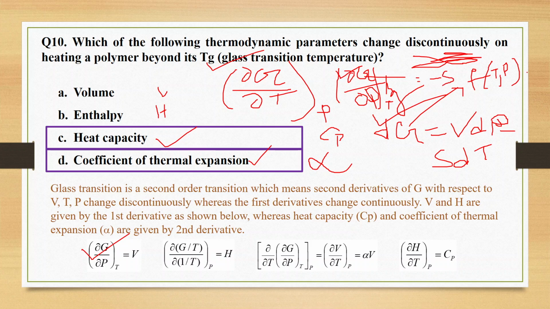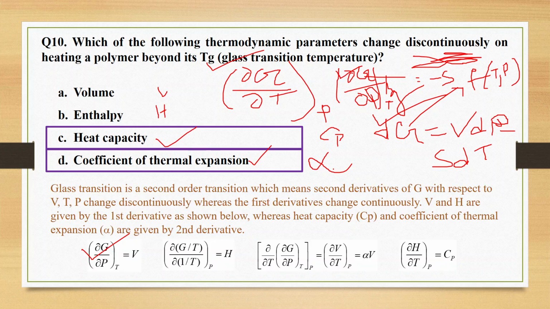So whenever a transition is a first order transition, these quantities, volume and entropy, will change discontinuously. Obviously you can see that by del G del P we get V, and by del G del T we get entropy. So these will change discontinuously for first derivatives.